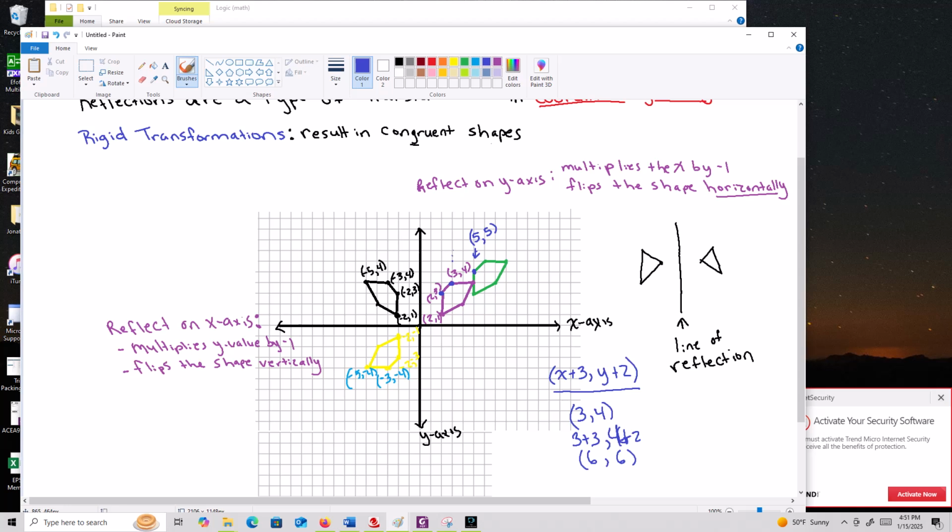I think I went up 3, and that would have been y plus 3, so I apologize. X plus 3 would get me 1, 2, 3 right here, and then up 2 would get me here. And the math of that point was 6, 6, which is there.